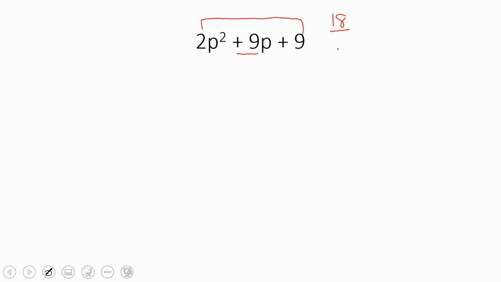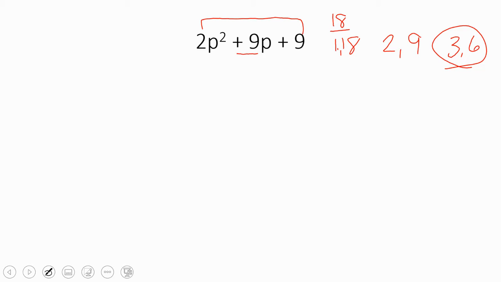So my positive factors of 18 are 1 times 18, 2 times 9, or 3 times 6. And then I have to think which one of those groups adds to give me 9. Well, 3 plus 6 gives me 9, and 3 times 6 gives me 18.